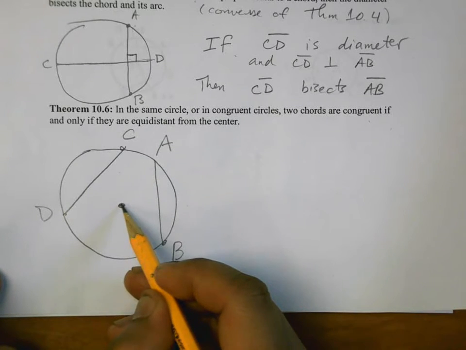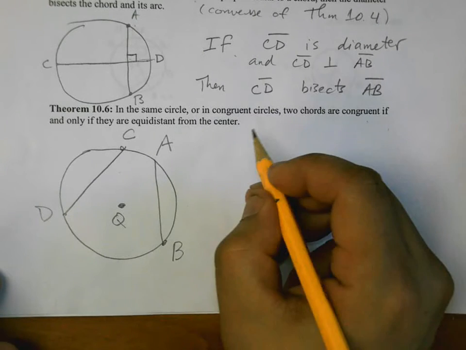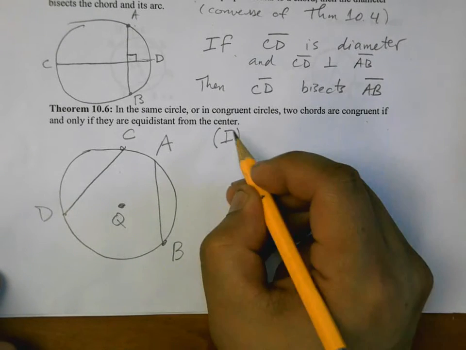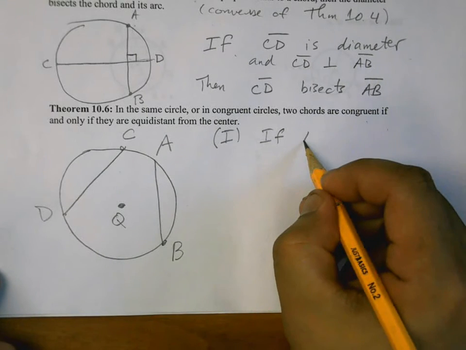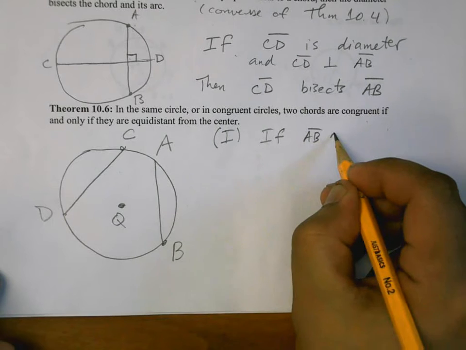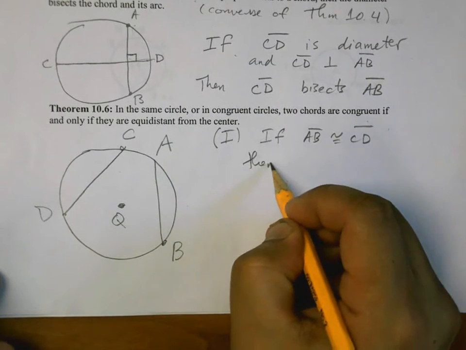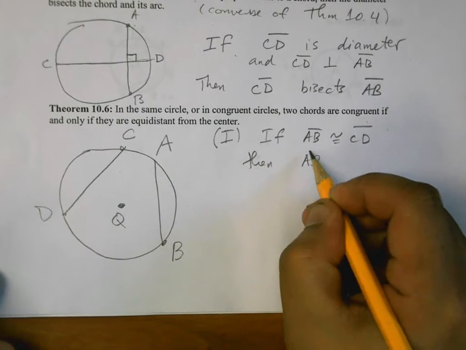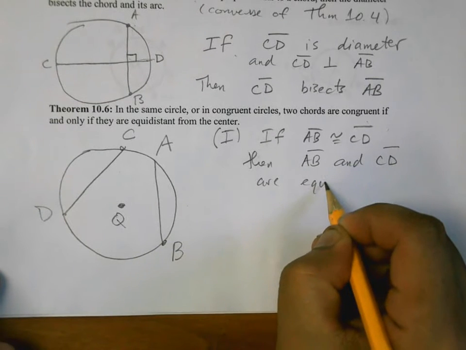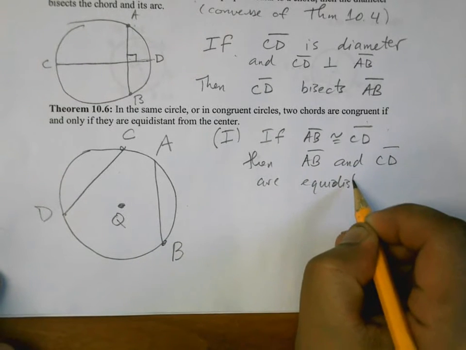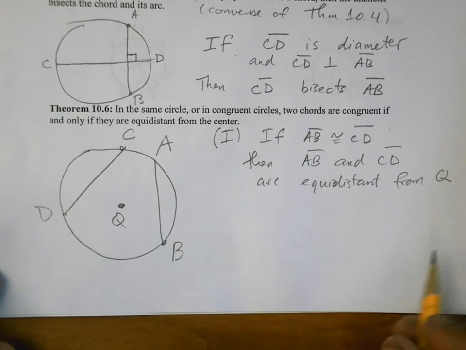Okay, and the center is Q. So there's two parts of this as well, and part one says if AB is congruent to CD, so if they are the same length, then AB and CD are equidistant from the center, equidistant from Q, which in this case is the center.